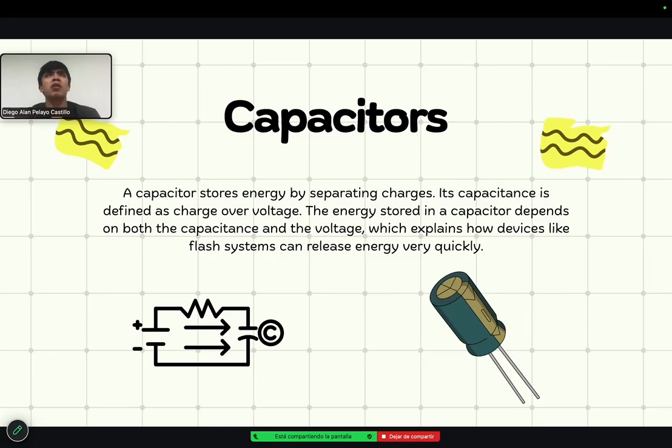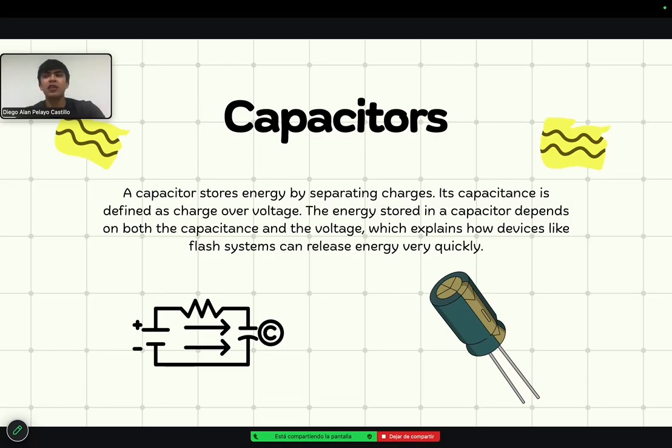I like to think about it as an elevator that is going from the lowest floor to the highest floor. Because of the insulating material, the charges cannot recombine, so they remain separated at all times. This separation creates an electric field between the plates. That is where energy is stored.